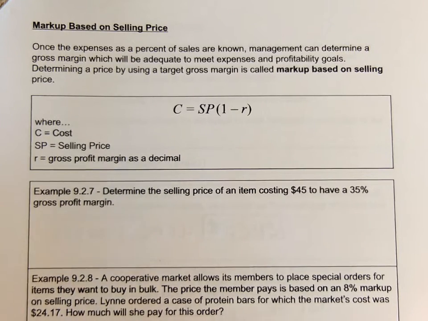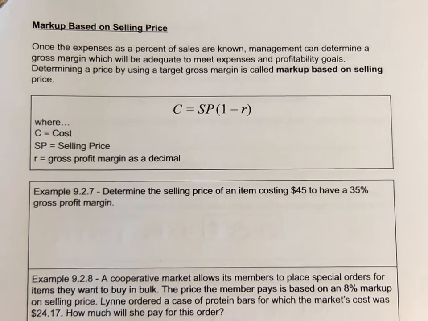Once the expenses as a percent of sales are known, the management can determine a gross profit margin which will be adequate to meet expenses and profit goals. That takes into consideration not just the profit you want to earn, but also the expenses that you need to cover. Determining a price by using a target gross profit margin is called markup based on selling price.